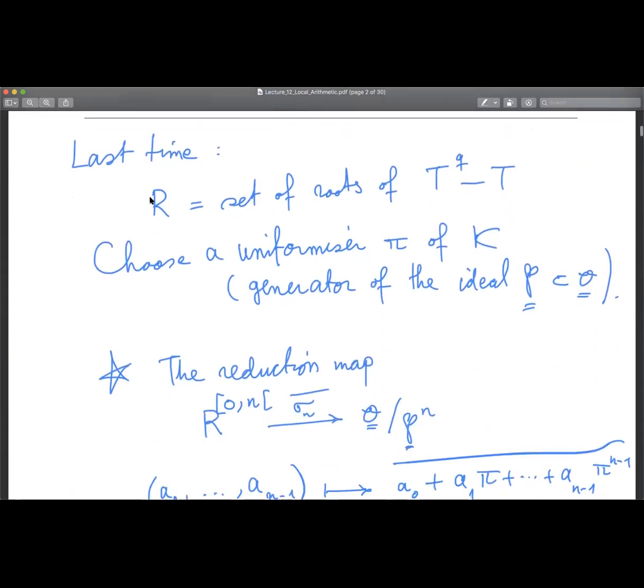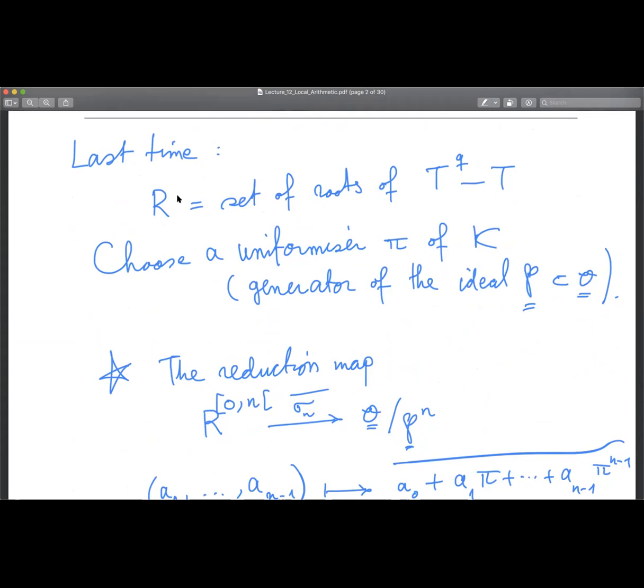One of the things that we did last time was to define this subset R, which is just the set of roots of the polynomial t to the power q minus t. It's a polynomial of degree q. It can have at most q roots, but we saw that it has exactly q roots.